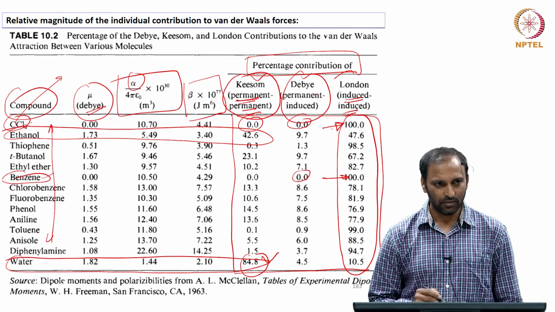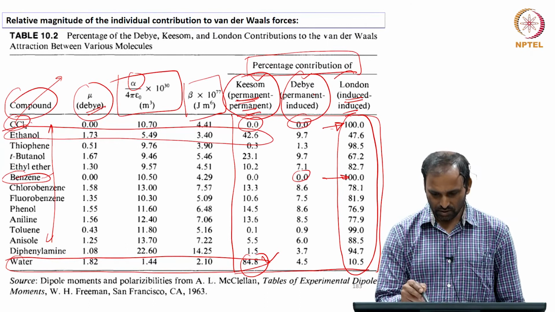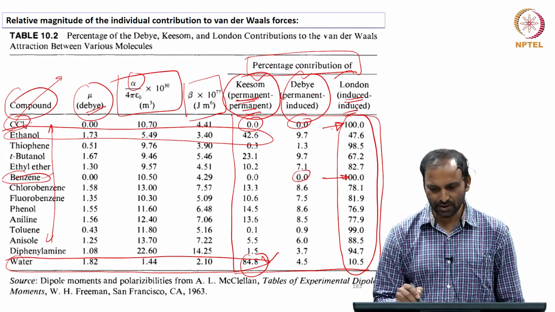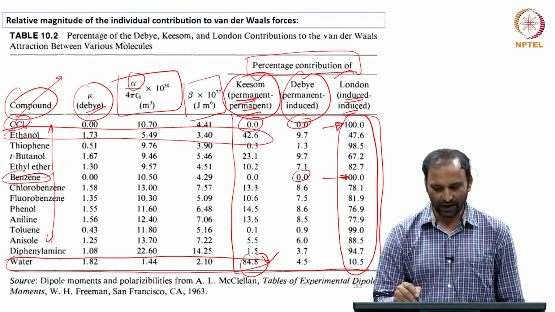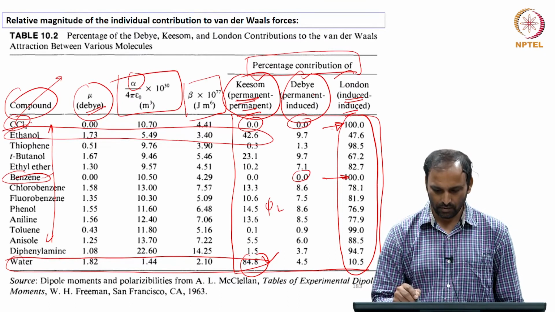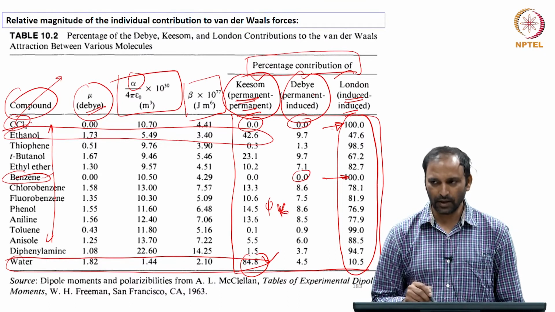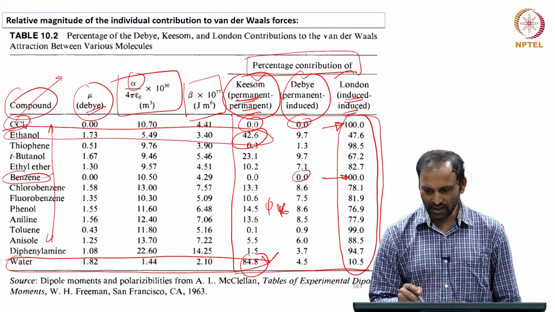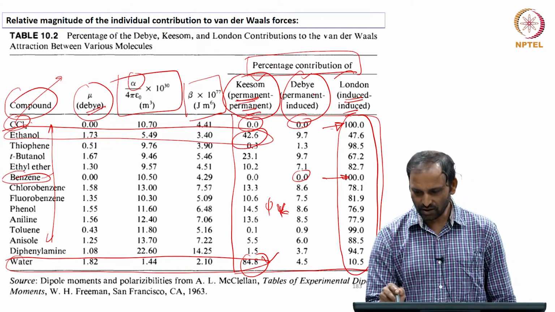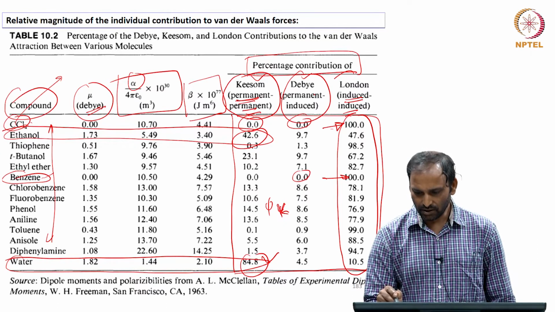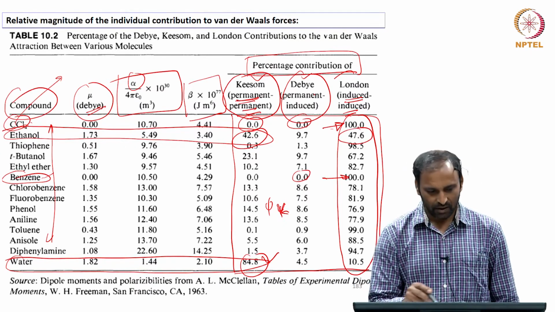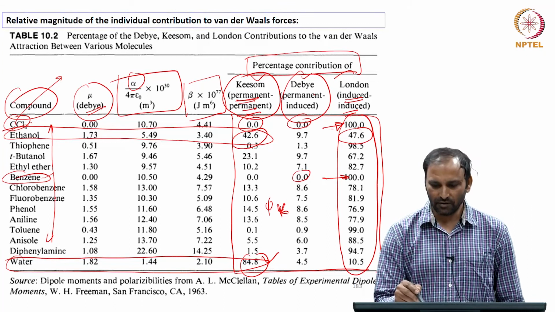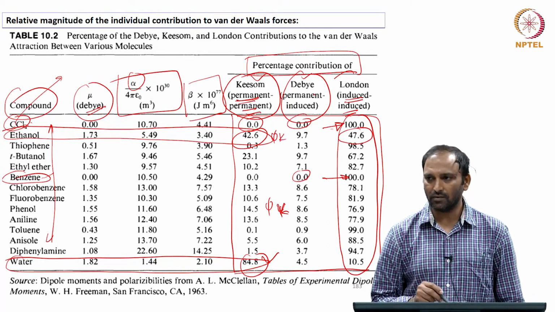So, if I look at water, 84.8 percent is the phi k. And if you took ethanol, of course, the London dispersion force is also important, but there is a significant contribution from the phi k itself.